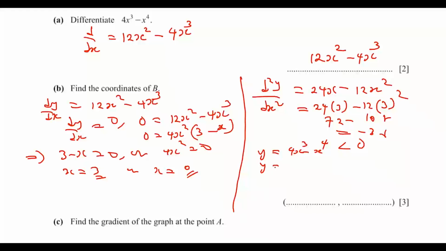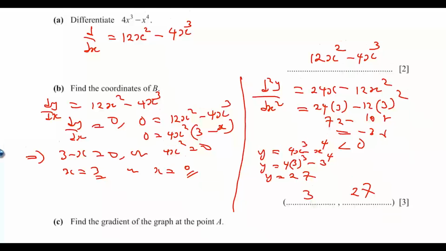So y will be equal to 4 into 3 cubed minus 3 to the power of 4. If you do this, we are going to get y equal to 27. That means x equals 3 and y equals 27. So this will be the coordinate of B.